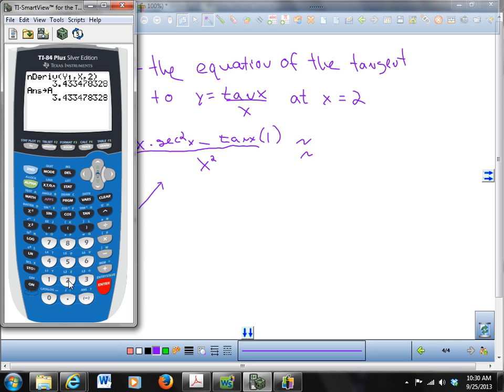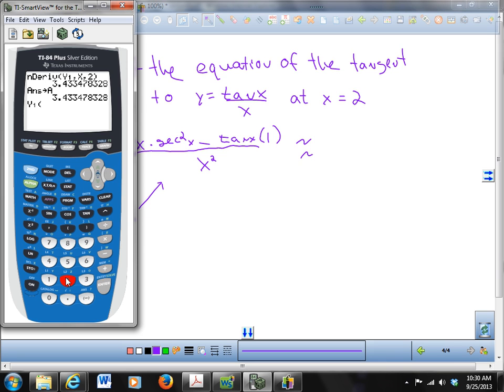So I'm just going to plug in 2. I want to find the value, right? So I'm going to go vars, y vars, function, y1, 2.